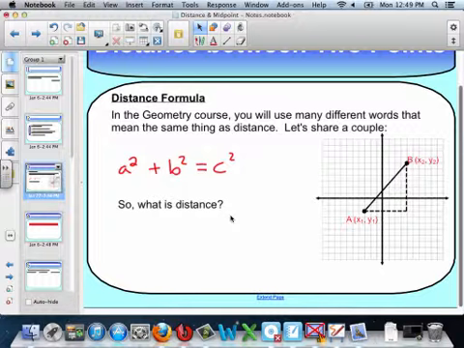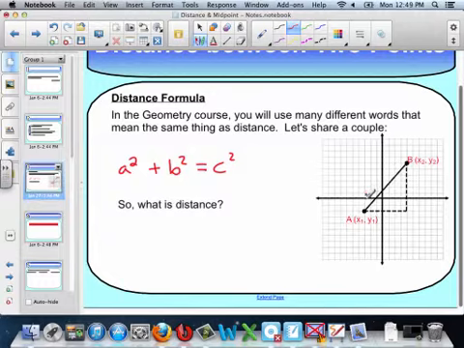So we look at this graph, this value right here. I'll use my little tablet to do that. So this value right here is x1. This value is x2.